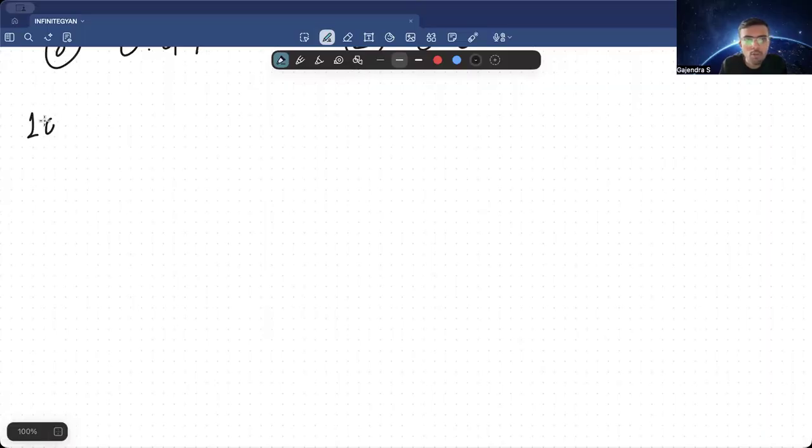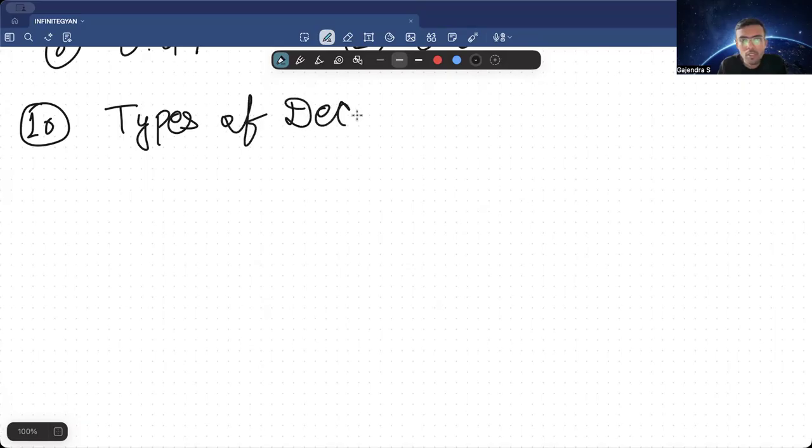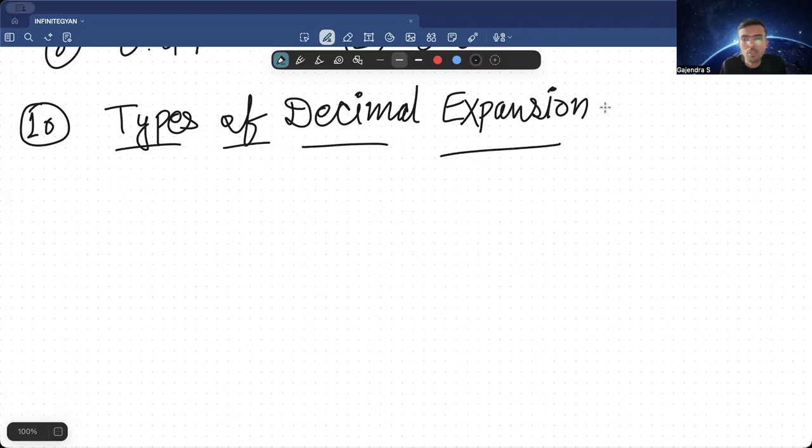So if I have to talk about types of decimal expansion, the type of question we will see is something like whether a decimal expansion is terminating or not. Directly by looking at the number you can tell whether that number will be terminating or non-terminating, right?